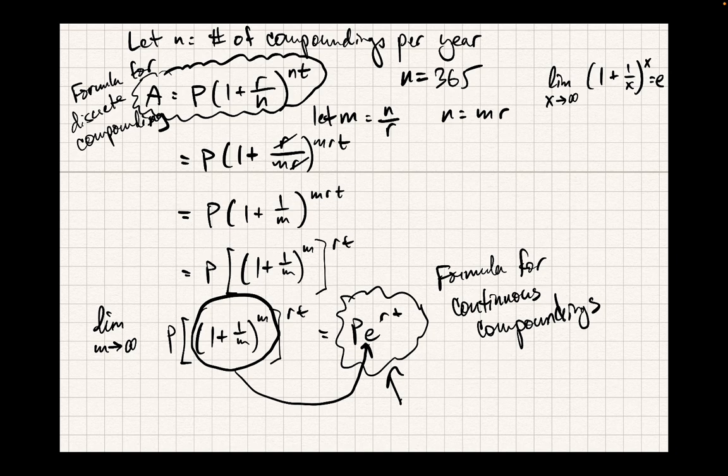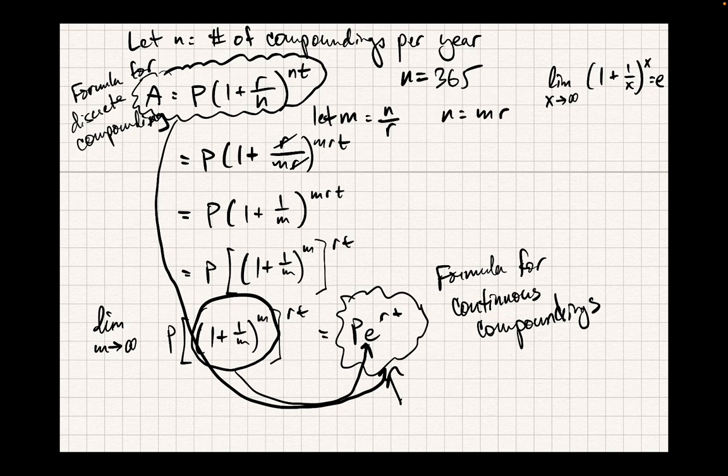Does the P times 1 plus 1 over mrt to the mrt, is that also part of the continuous compounding, or is that part of this? No, this is the derivation. This is how we got from discrete to continuous, because whatever m is, m was just r over n over r.